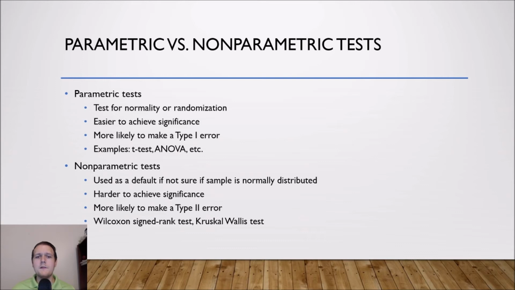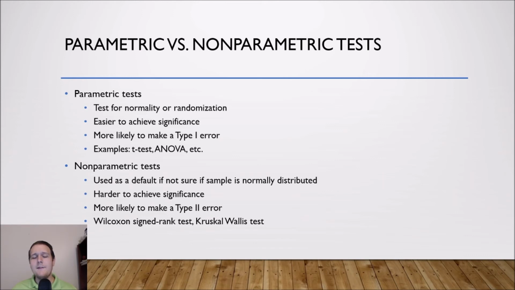You're more readily able to find statistically significant differences if they're actually present. But that also means that if you use this incorrectly on a non-normally distributed data set, you're more likely to make a type 1 error, meaning that you say that, yes, there's a difference between the groups, but there actually isn't, right? And so again, that's going to be a false positive result.